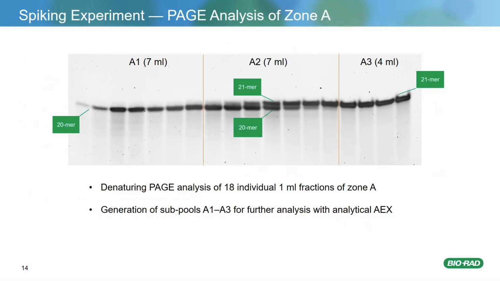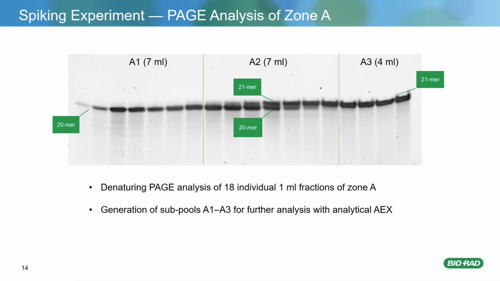Here you see the PAGE analysis of zone A, which was 18 mils. So keep in mind that the total elution was 170 mils. So this is about 11% of that total elution. As you can see, the first 7 mils contains the 20 mer, which in this spiking study would be considered the contaminant. In A2, which is also 7 mils, you see that transition where the 21 mer and the 20 mer are together.